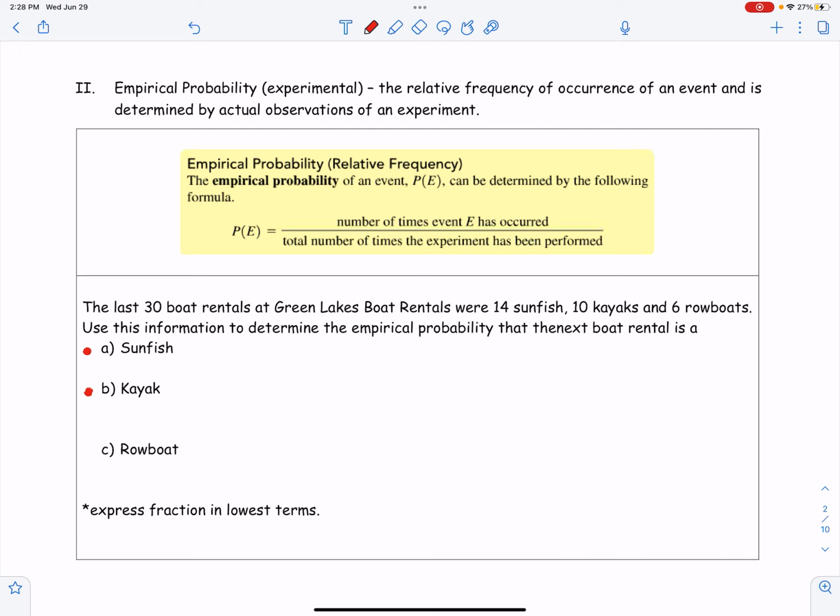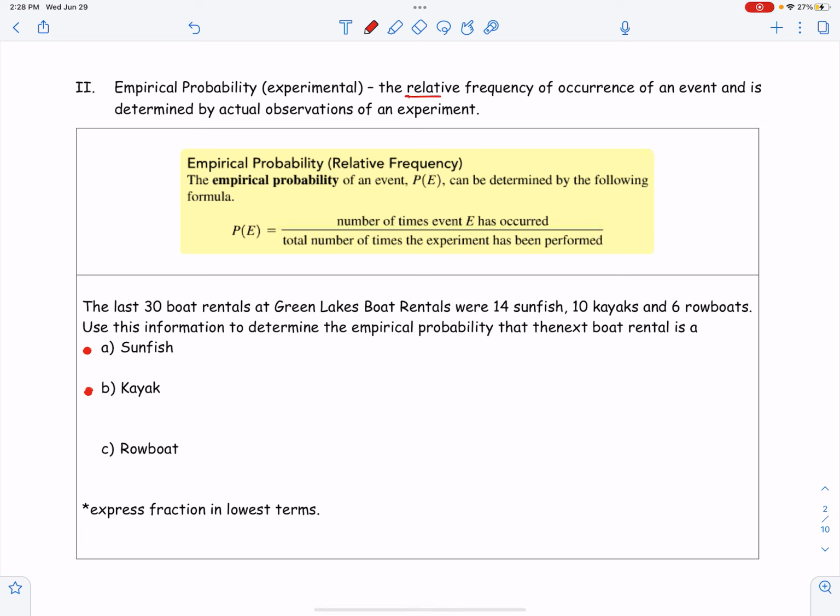It's really the equivalent to calculating a relative frequency or a percentage that corresponds to a particular event. So, what you want to think about with probability is you always have to know the total number of possible outcomes.